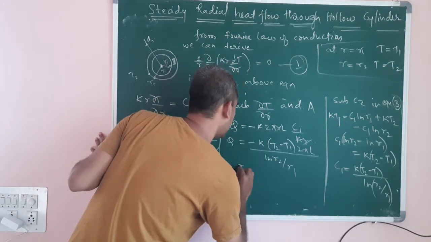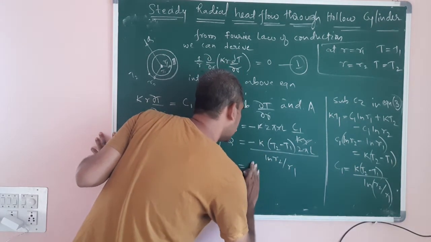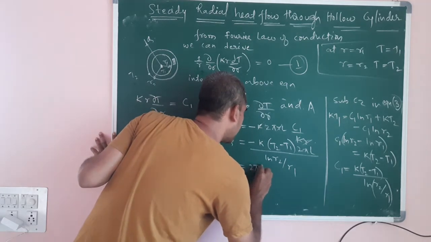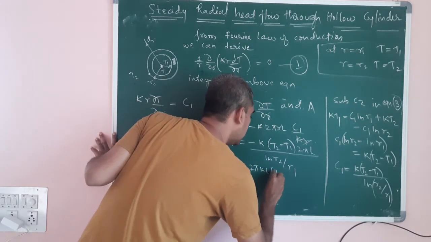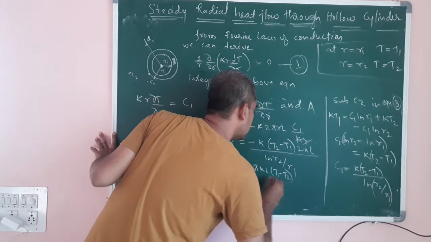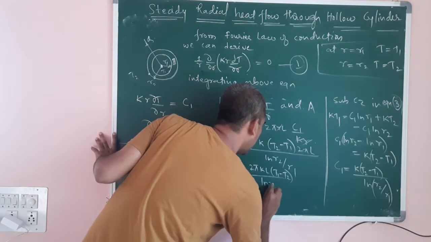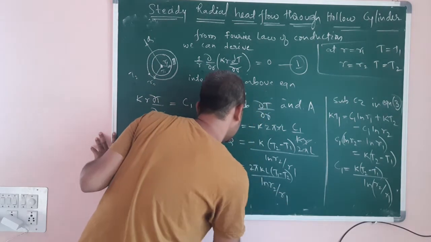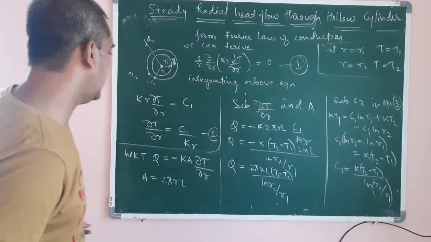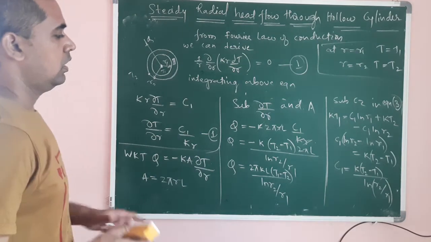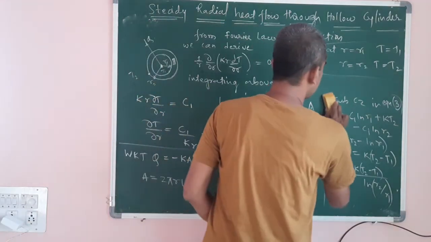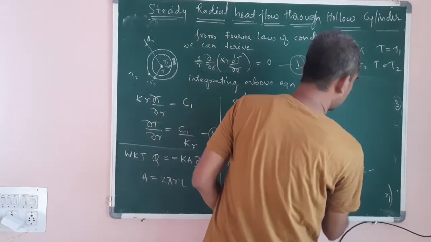I can write it as 2 pi K L into T1 minus T2, because I take minus common here, divided by ln of R2 by R1. This is Q, heat transfer in the cylindrical coordinate system.